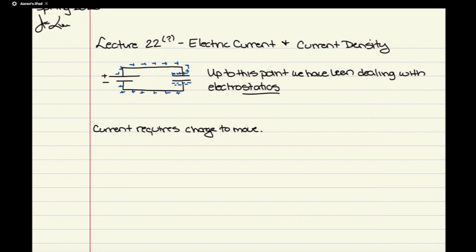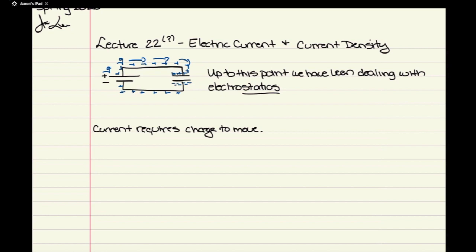You can imagine if I take some Q as my charge carrier, and the battery launches them, and they march their way along, that there's charges, be it positive charges or negative charges, depending on the material or your convention. Some sort of charge has to move.